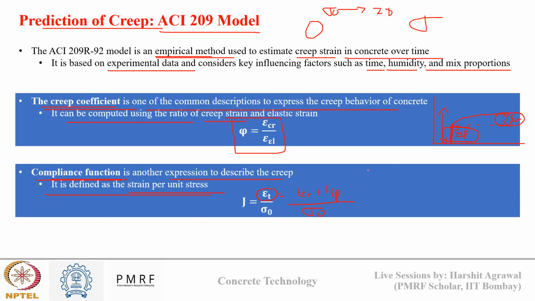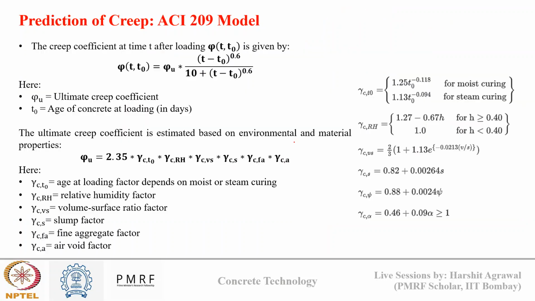Suppose I am applying 30 MPa stress on concrete, sustained for 15 years. The total strain in 15 years is epsilon t, and sigma naught is my 30 MPa. The ratio of strain to stress gives me the compliance function. These two parameters are commonly used to define creep in concrete.